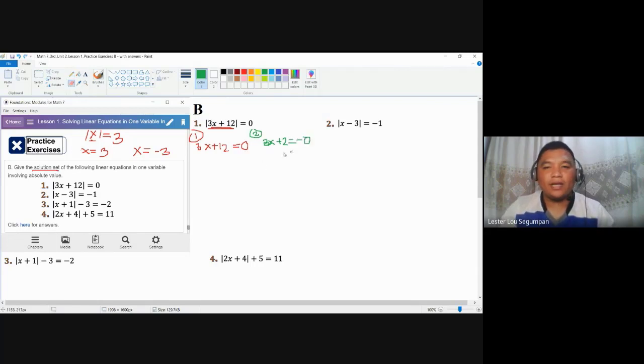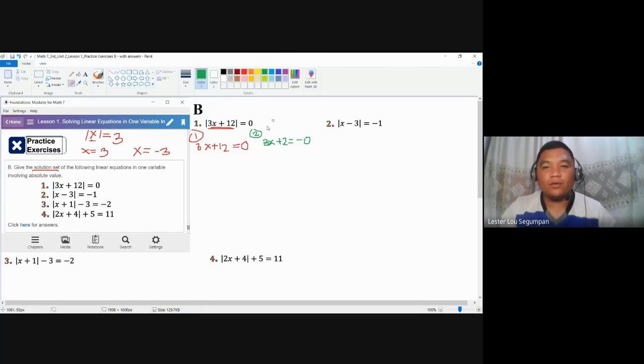Well, some of you might argue, sir, there's no such thing as negative 0. I also believe that, but just for the illustration of the two cases, let me have that one. Nevertheless, I'm going to give you a short summary later on in connection with the two cases, with the concept that there is no such thing as negative 0. But as of the moment, let it stay as it is.